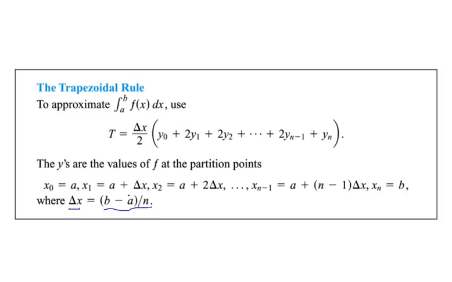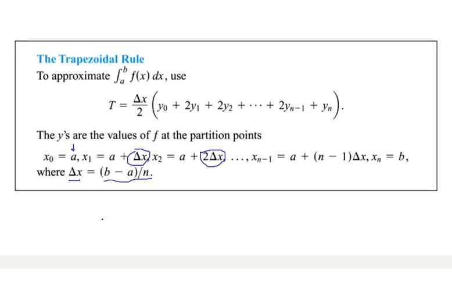The first x value substituted into your function is just a. The next one is a plus delta x, then a plus 2 times delta x, and so on until you finally reach the end of your list.